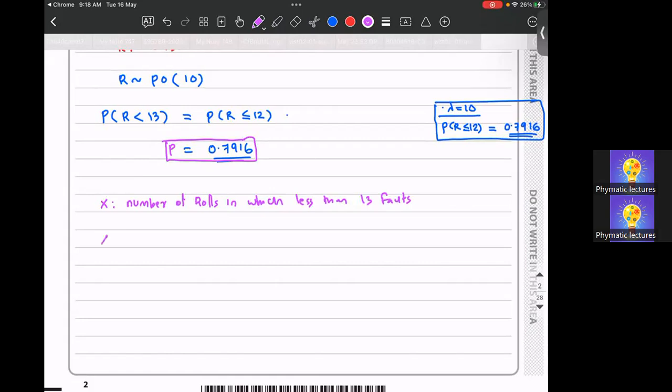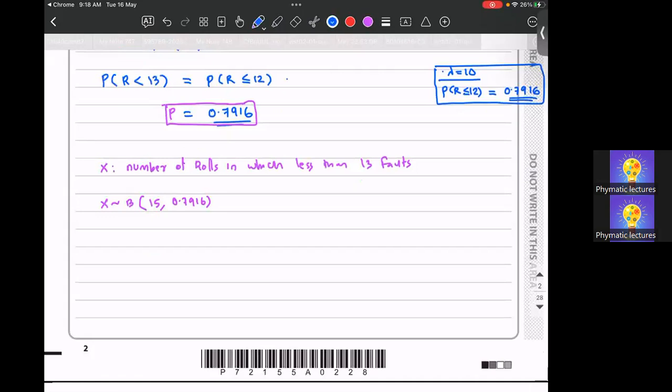So how will you define this binomial distribution? X is binomially distributed. We have altogether how many rolls? 15 rolls, right? And what is the probability of getting less than 13 folds in each roll? That is 0.7916.